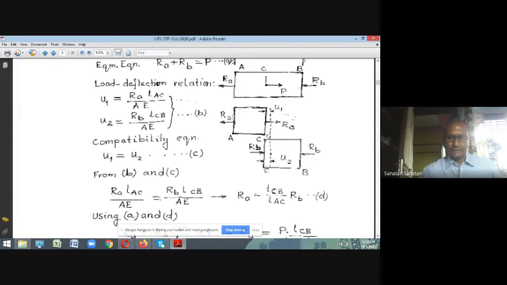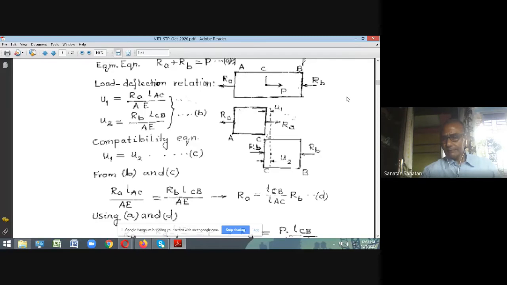You see, if I break this body into two segments, AC on the left and CB on the right, look at this. The force acting at the left end is RA, and therefore the right end is also going to be RA.